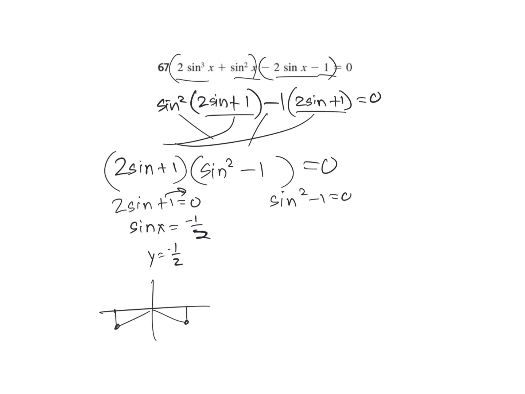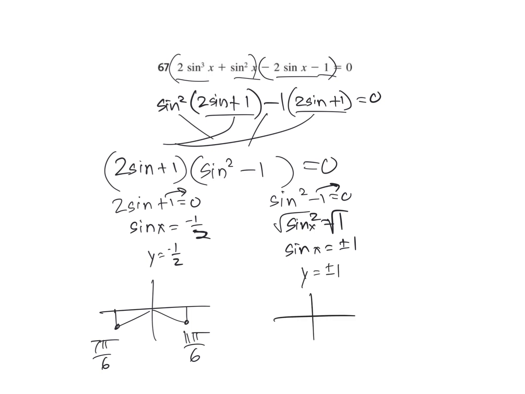So that would be 7 pi over 6 and 11 pi over 6. On this side, add 1, so the sine squared is equal to 1. All right, so now we take the square root. So where is the sine of x equal to plus or minus 1? Meaning, where's the y value equal to plus or minus 1? Y is 1 here, and y is negative 1 there. So this would be pi over 2 and 3 pi over 2.